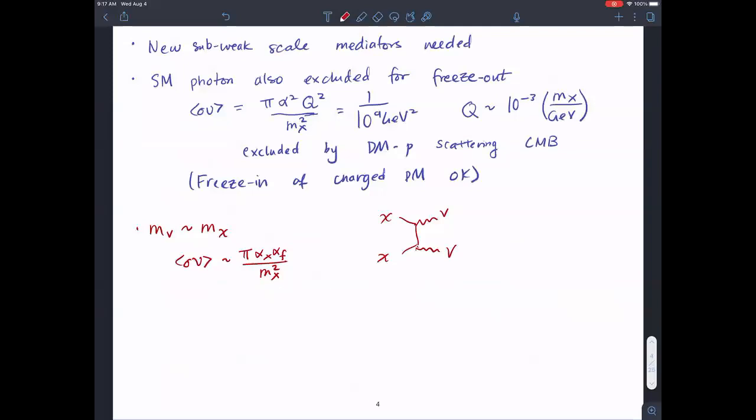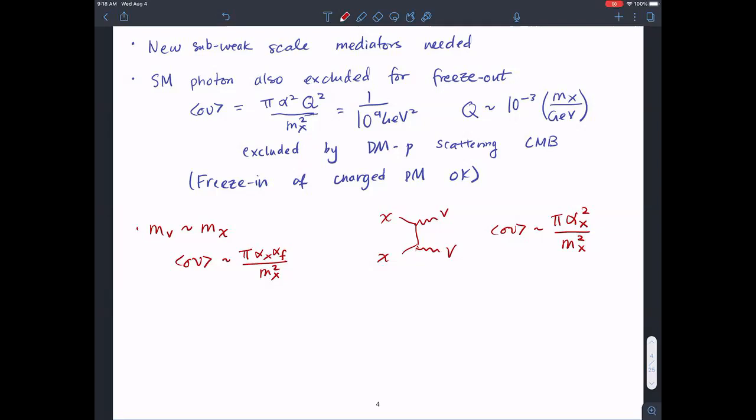As I was just saying, we also have a process like this where you could annihilate directly to the mediator, and that's going to have a similar mass scaling, but a different coupling scaling. So whichever one of these processes is larger is going to dominate the freeze out process.